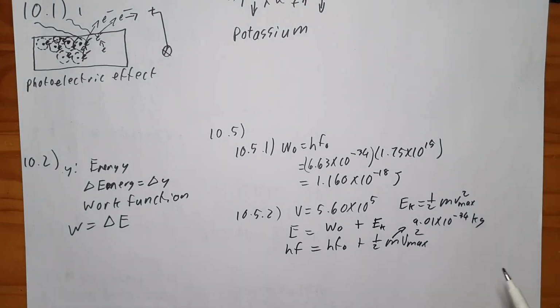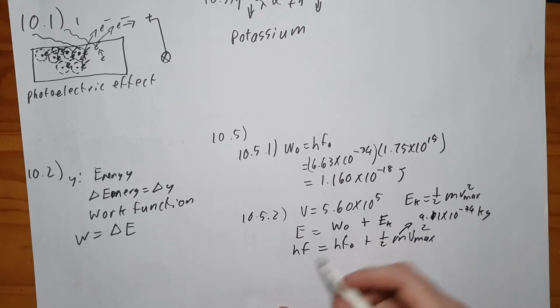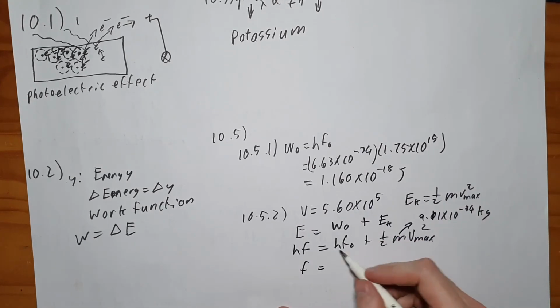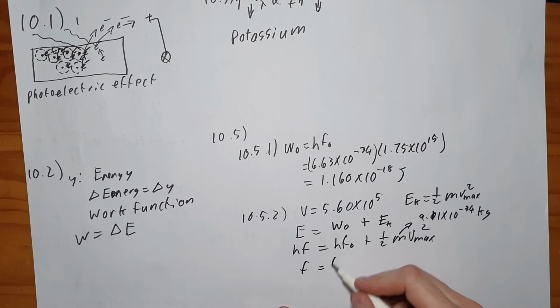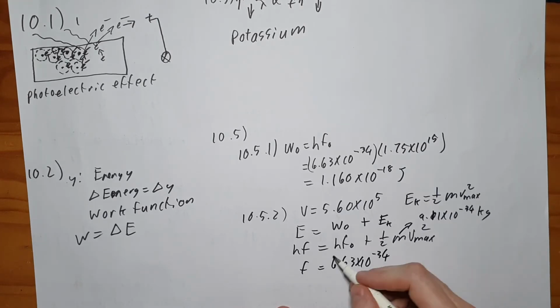Planck's constant we know already, and we have the maximum velocity, so we can work out our frequency. If we substitute everything in, frequency is going to be, Planck's constant over here, 6.63 times 10 to the negative 34.